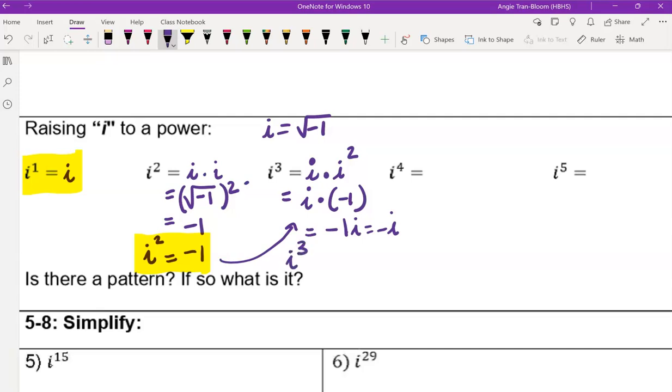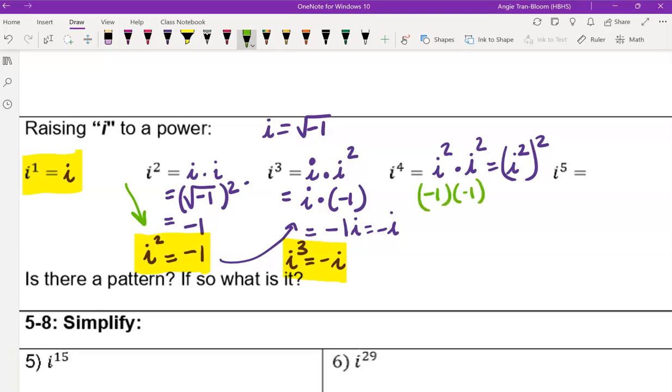So i to the third, when we simplify it, is negative i. i to the fourth is going to be i squared times i squared, or we can think of i squared to the second power. Well, i squared is negative 1, times negative 1, or negative 1 squared. So that gives us a positive 1. So i to the fourth is positive 1. Isn't that amazing? That's how we simplify i's powers.